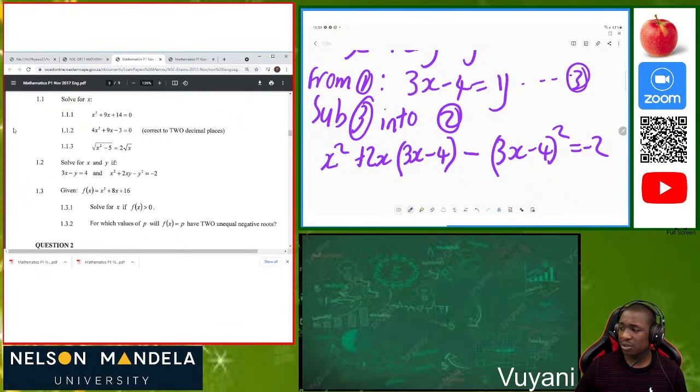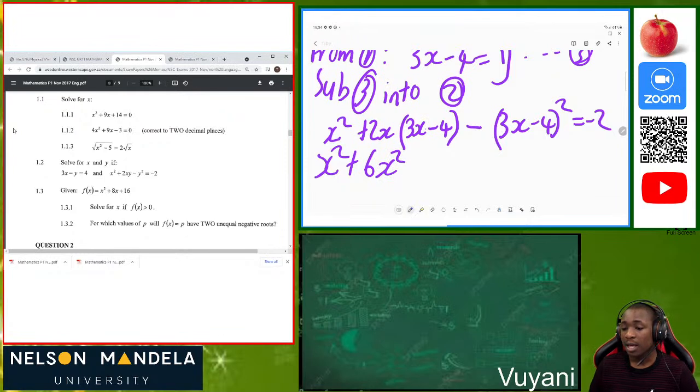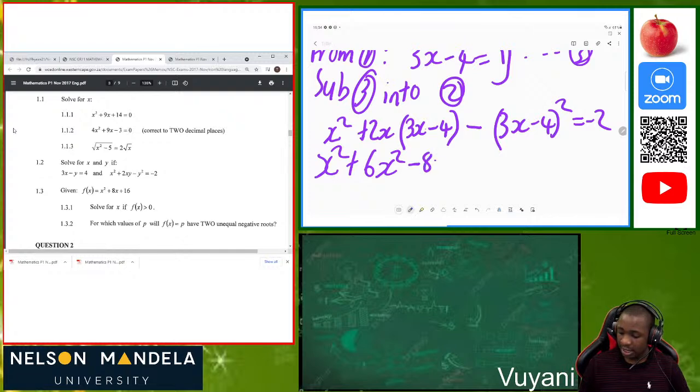As always, we have to solve our question. This is going to be x squared, then 2x times 3x is 6x squared, then 2x times negative 4 is negative 8x, minus, then this one you expand it again as we did earlier on.